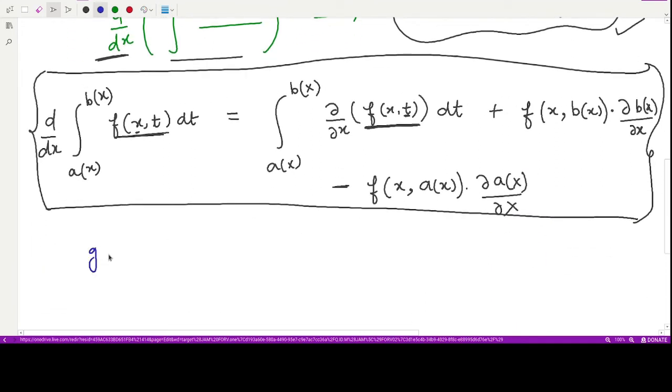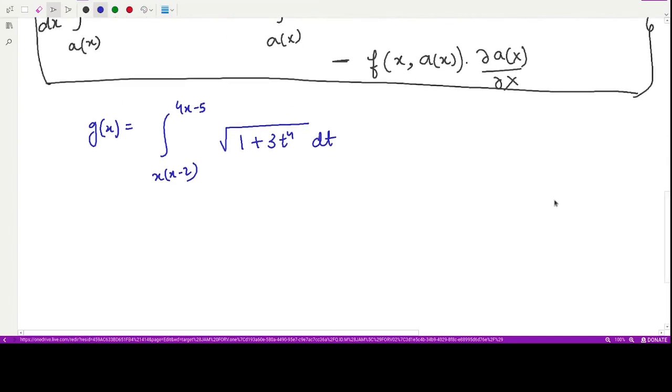We have g of x equal to the integration from x minus 2 to 4x minus 5 of the square root of 1 plus 3t to the power 4 dt, but we are required to calculate g dash x. For that we are applying this Leibniz rule.